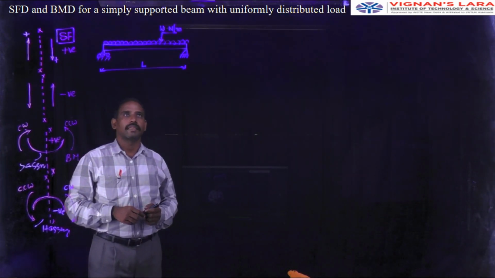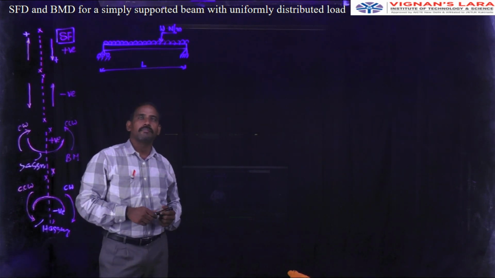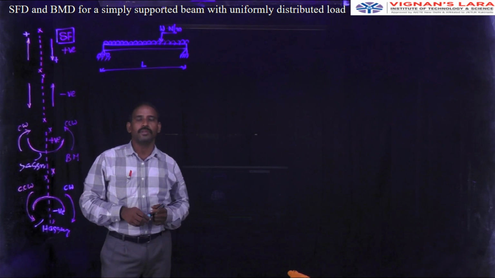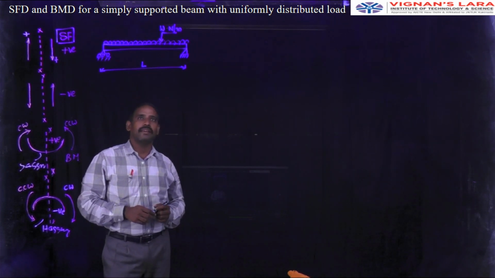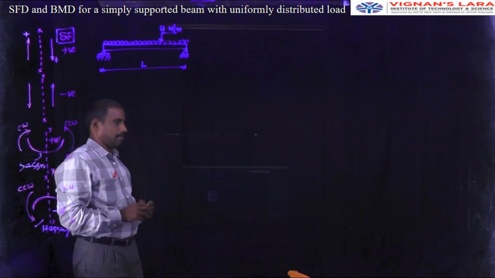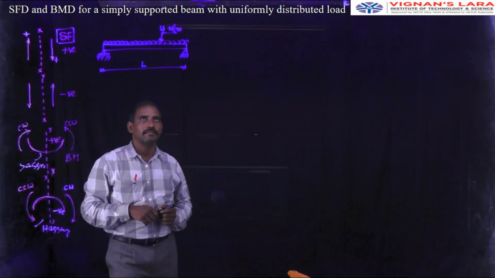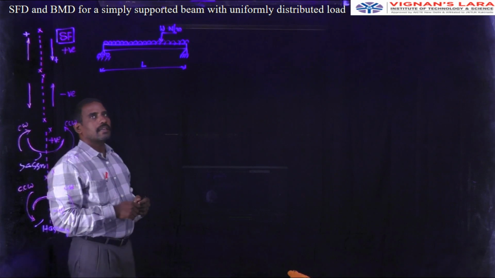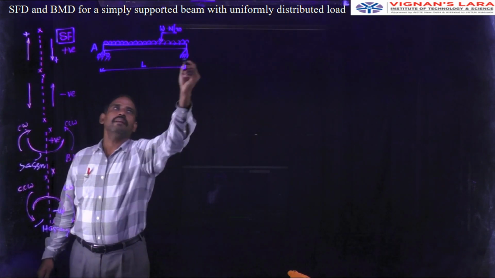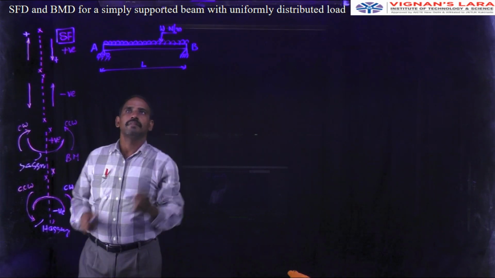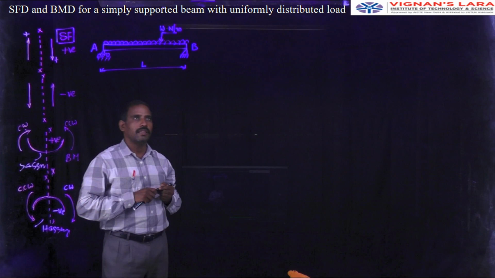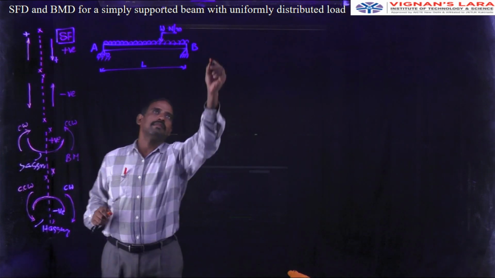Now the second problem: a simply supported beam is subjected to a uniformly distributed load over the entire length L at the rate of W newton per meter. As usual, you have to calculate the reaction forces at A and B. This problem is completed in 3 steps, as in the previous one.